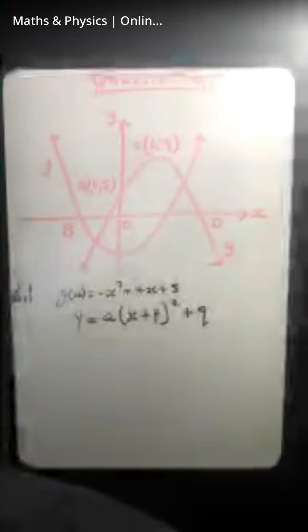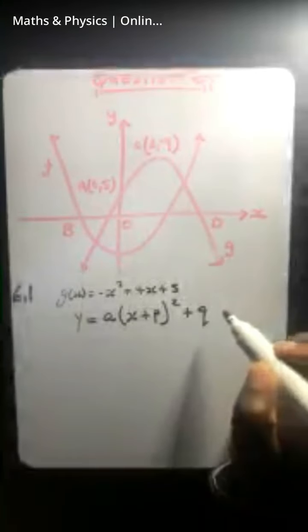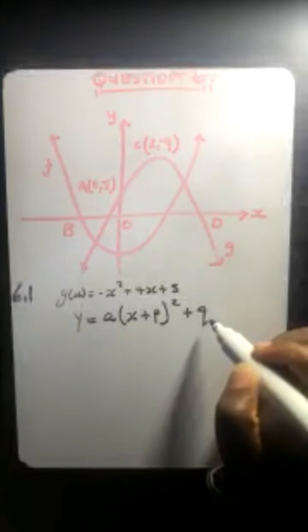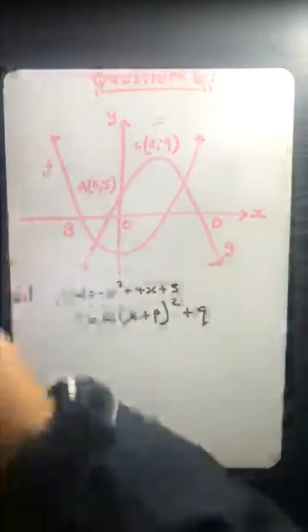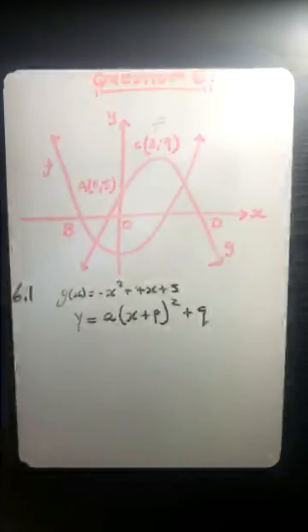Okay, so this is what I was saying. The moment you start having the TP, the turning point, you need to always remember this formula. It might be useful in answering some questions.